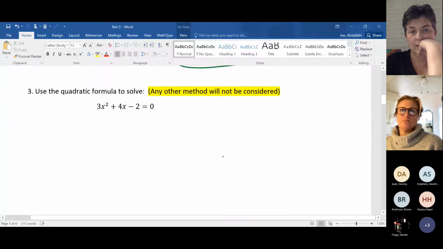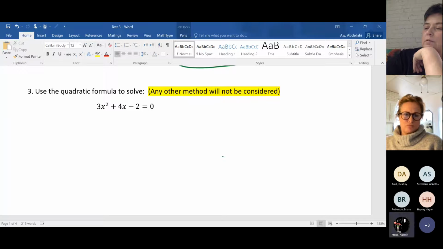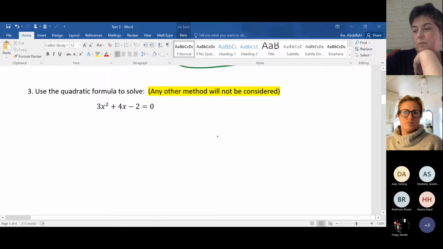Okay, the next one here, use the quadratic formula. In order to use the quadratic formula, before we say what is A, what is B, what is C, what do we need to have on one side? 0. We need to have 0 on one side, right? I don't know how your equation will be given on the final exam.